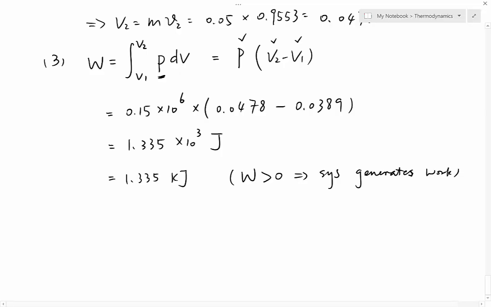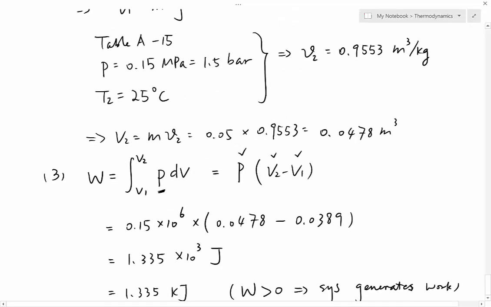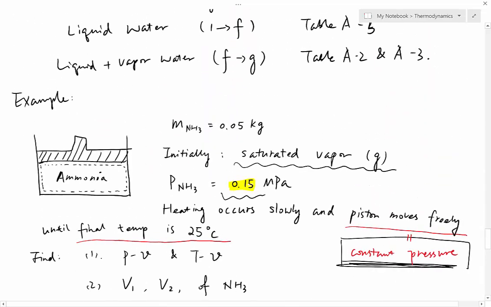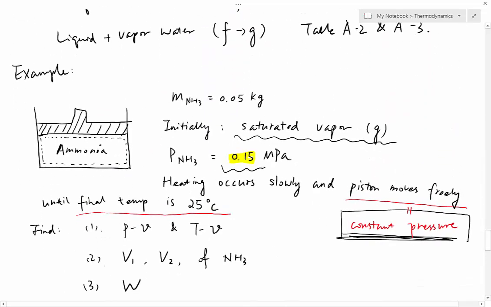Does it make sense for my solution to be positive? Let's go back to the diagram. What happens here? You have ammonia as vapor and then you heat it up, which means the ammonia will expand. So the ammonia will push the piston upwards. Ammonia is the one that generates work, and the piston is the one that receives or consumes work.